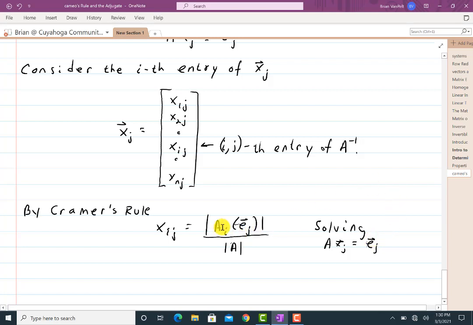So to solve that, this is Cramer's rule. This is why I'm applying Cramer's rule to it.